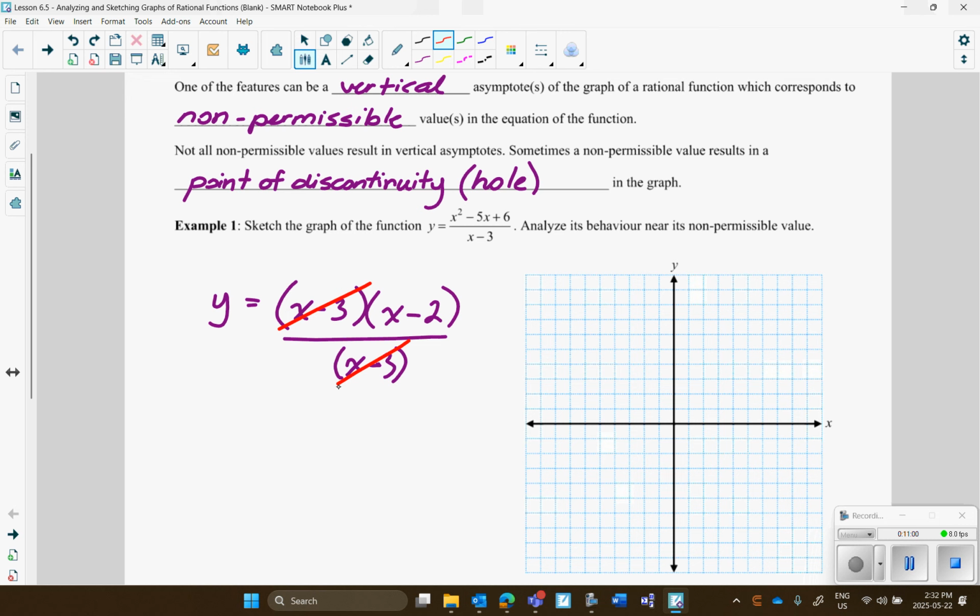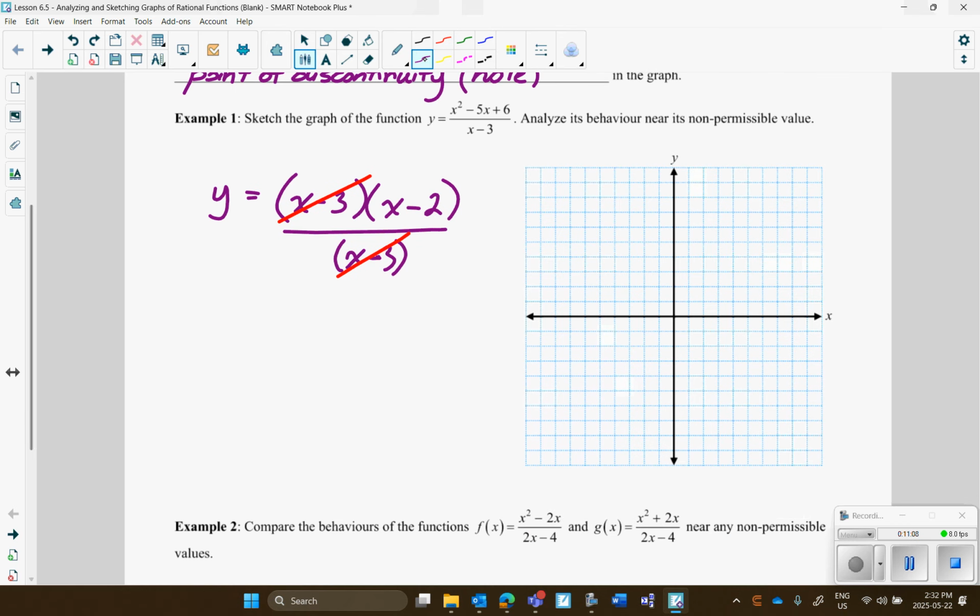But the graph is not defined at x equals 3. So what happens here is we end up with the equation y equals x minus 2, but a hole at x equals 3.